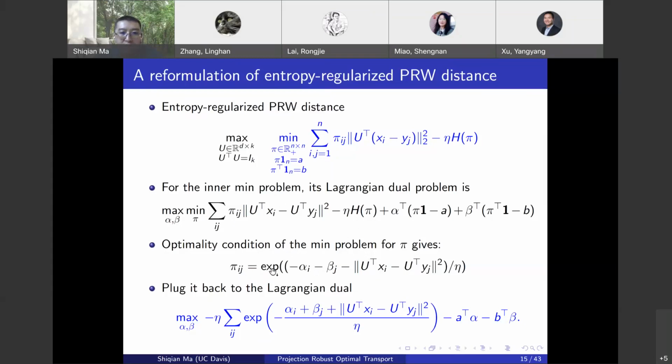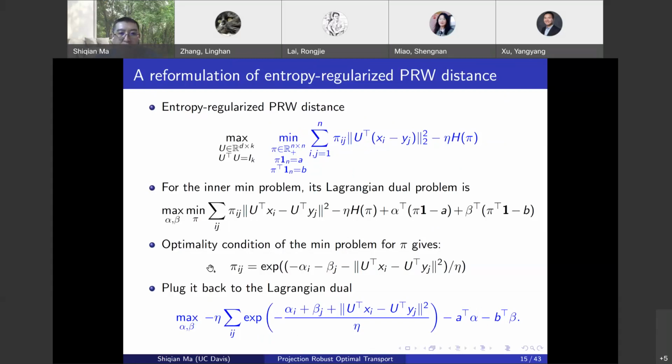So then, if we do that, this Lagrangian dual problem reduces to a maximization problem here. All right. So then we know that this blue part is equivalent to this blue part, so I can replace this blue part by this blue part. And then if I do that, I no longer have a max-min problem.